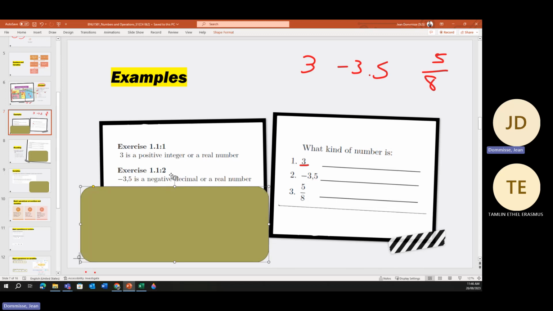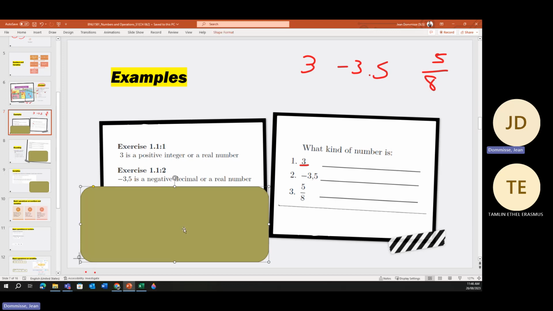Okay, when we get to the negative one, it is basically just a real number. It is also a negative decimal that we haven't covered in any of those. So I would nearly stick with the last one, that it is a real number.